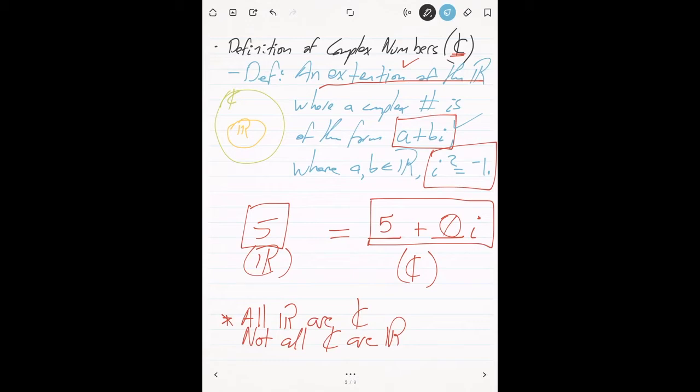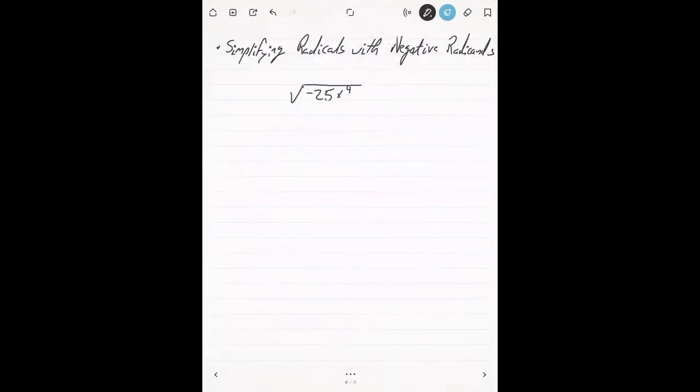Now, one of the things that we're using these complex values for is we need to be able to simplify radical expressions that have negative radicands. Before, we couldn't do this, right? If we said to ourselves, what is the square root of negative 25? We would say that's not possible. There's no number.